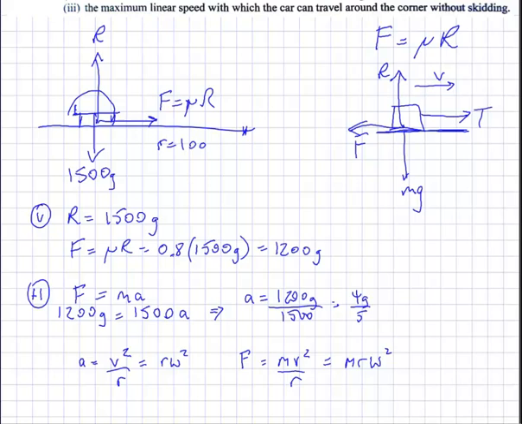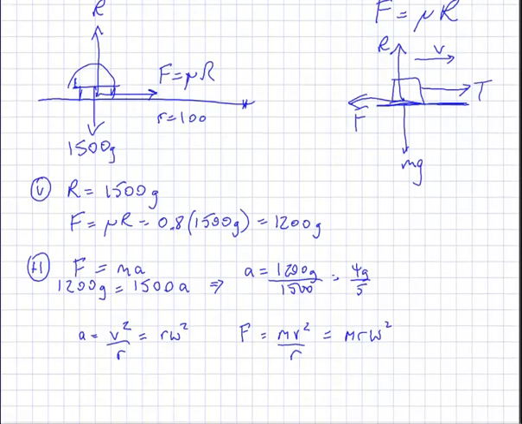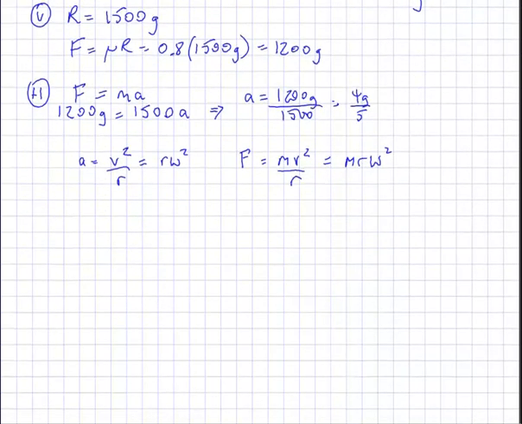So we can use those formulas, depending on what we are given as values, to work out an unknown. Here we're being asked to work out the maximum linear speed, so that's v. I've got two options. If I want the linear speed, v squared over r is equal to a, so v is the square root of a multiplied by r.